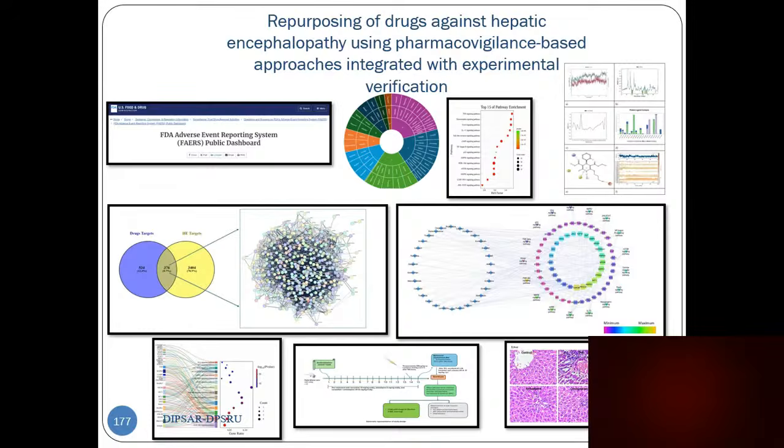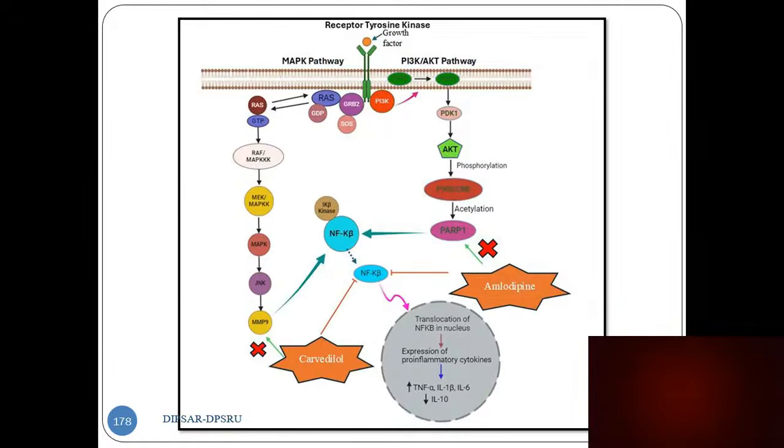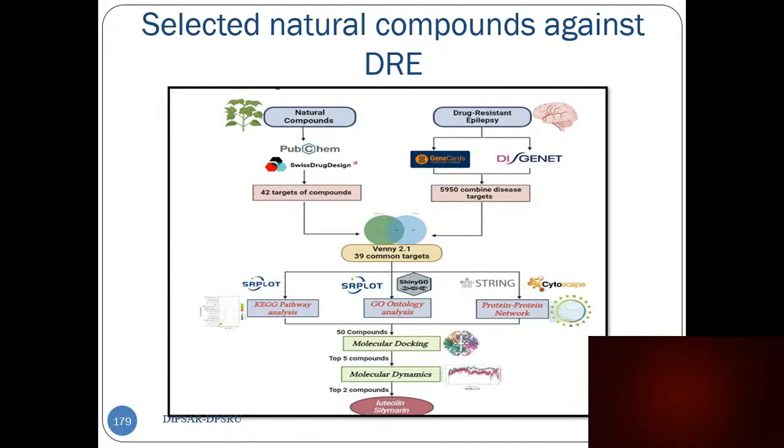So this is a complete set of work where we have identified repurposing molecules for hepatic encephalopathy using pharmacovigilance based approaches integrated with experimental verifications. Right? These are the pathways which we have identified, and these are the repurposed drugs, amlodipine and carvedilol, where they can hit. We have also applied these strategies for natural compounds, how natural compounds can be useful against drug resistant epilepsies, right?